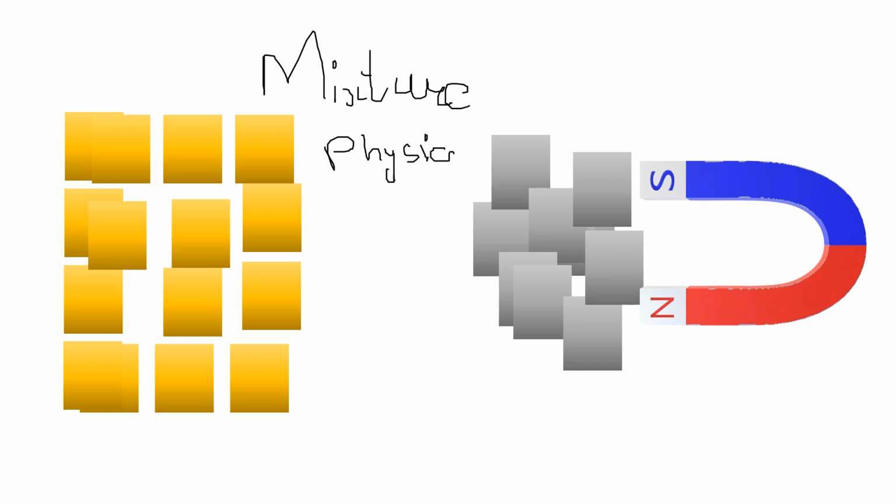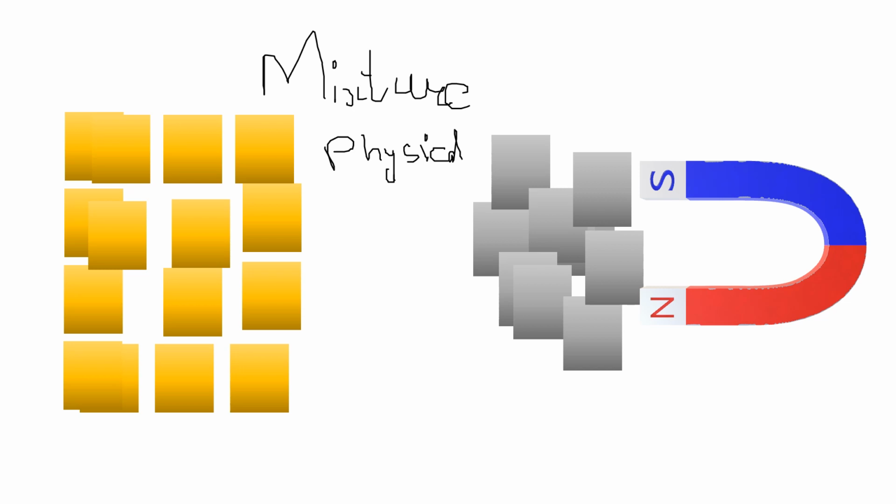Remember one thing: a physical change makes a mixture. Why? Because the things are being changed physically, not compositionally. I'm not melting these two metals and A4 paper and then mixing them.